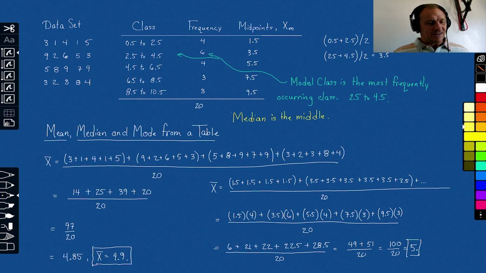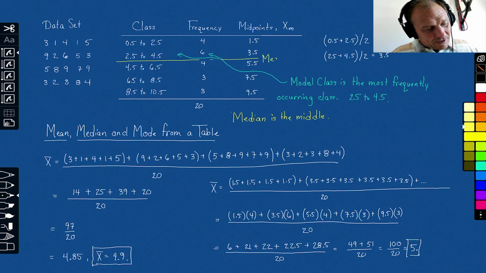The first class has 4. The second class has 6 more. That's 10. Oh, and wait a minute. And then there's 4 plus 3 plus 3. That's also 10.